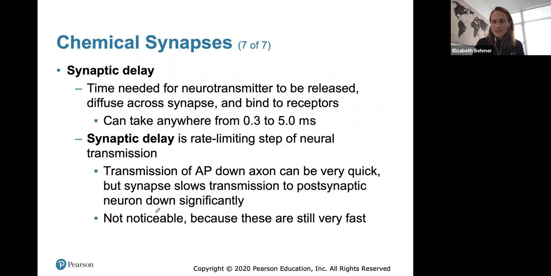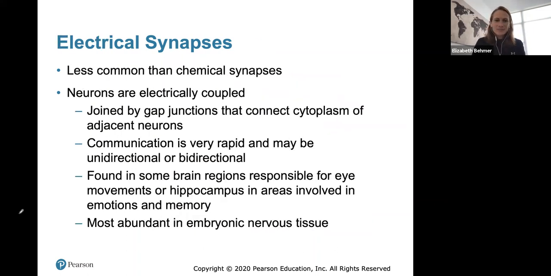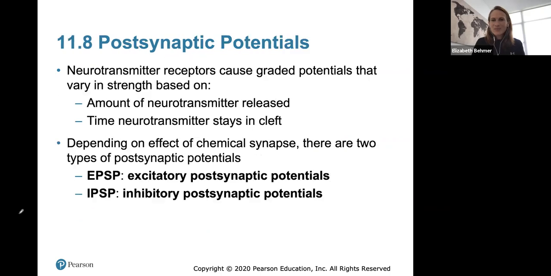There might be synaptic delay, which is the time it takes for the neurotransmitter to be released and diffuse across. Synaptic delay is always the rate limiting step of neural transmission, but it's not very noticeable because it's still so fast. Electrical synapses are less common. I'm going to pass over these a little bit.